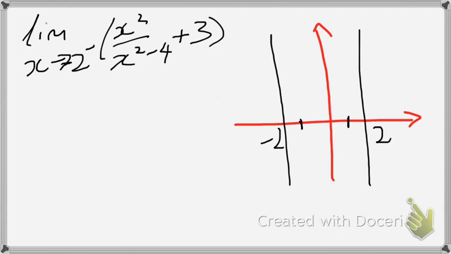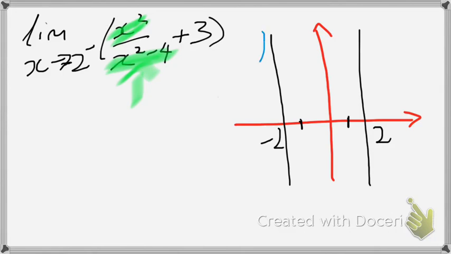So the top is positive, and the bottom is negative, and it's a very small number. Oh no, sorry, it's also positive. Sorry, my bad. So they're both positive, and the bottom is very small. So I get a very big number, and then I add 3 to it, which is still going to be a nice big number. So that tells me that my curve looks something like this up here.